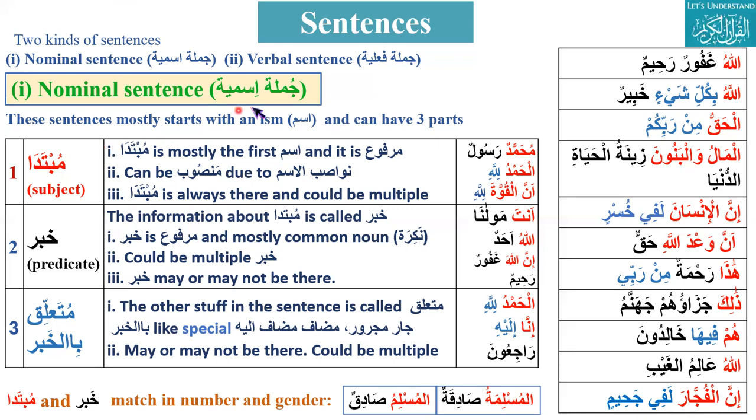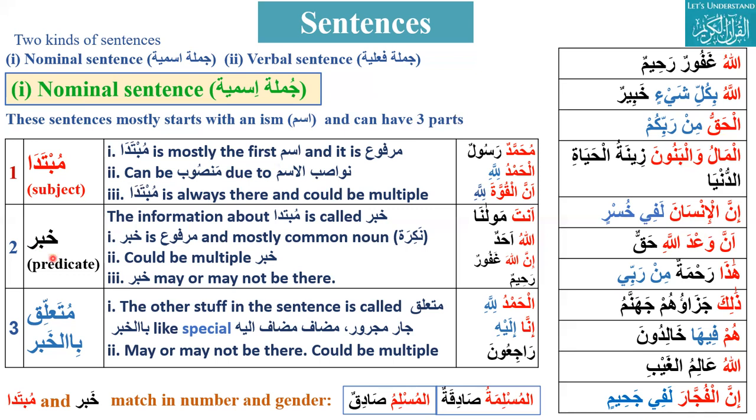Nominal sentence mostly starts with ism, and it has three parts. The first part is mubtada. Mubtada is usually marfu, and if there is a nawasibul ism, it will be mansub. It is a very important one, it's always there, and it can be multiple. The second one is khabar, information about the mubtada.